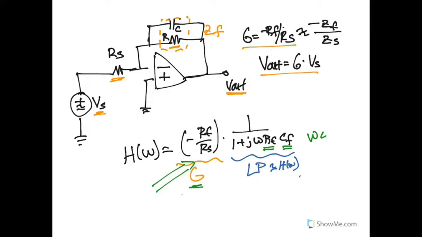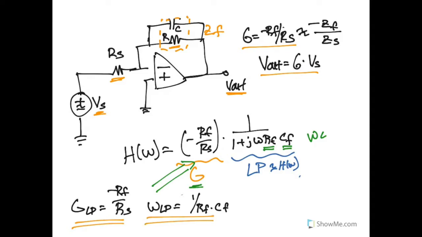In this particular design, the gain for this active circuit would be negative RF over RS, and the cutoff frequency for this filter would be 1 over RFCF, where S means it's the source resistor and F means it's in the feedback loop. So whereas previously with RC filters we could not adjust the gain, now we have that ability with active filters.